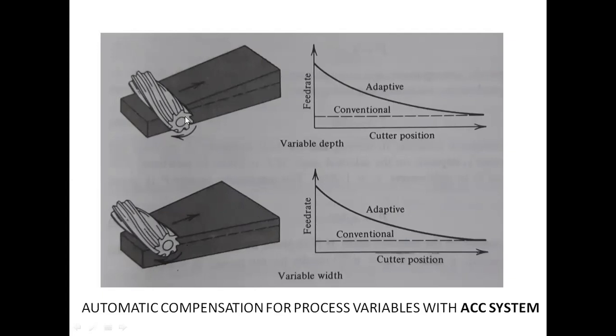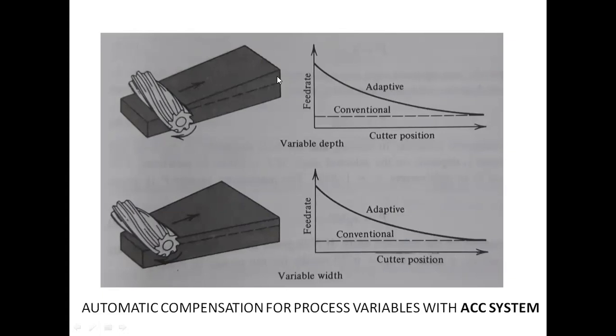Now the problem is, in conventional machining, the feed rate is maintained constant based on the maximum depth of cut, because the more depth of cut you give, the higher the load on the cutter. So here it will have the maximum load, and the feed rate has to be decided based on this.